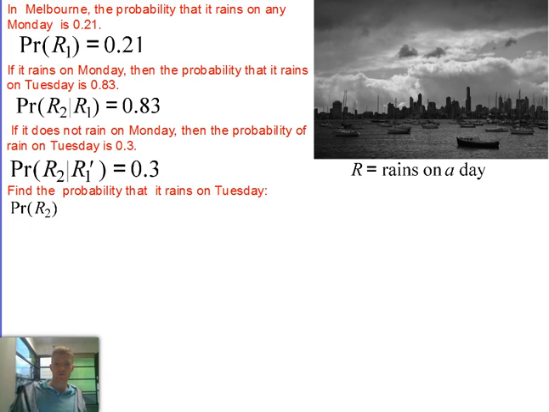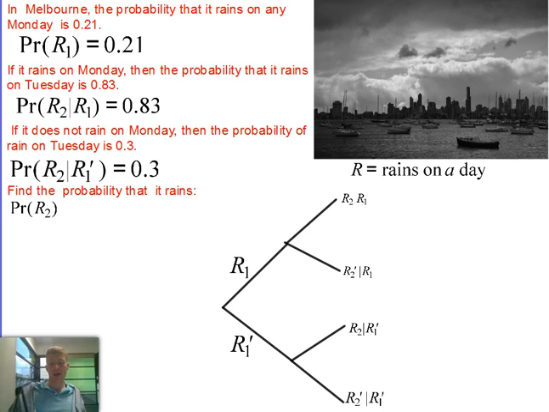Now, using the law of total probability and a tree diagram to help us, we can work this out. So there's our tree diagram in terms of whether it's raining or not raining on a Monday or a Tuesday, and you can see all four possible branches there. That's the information given in the question, so we can assign it to the branches.